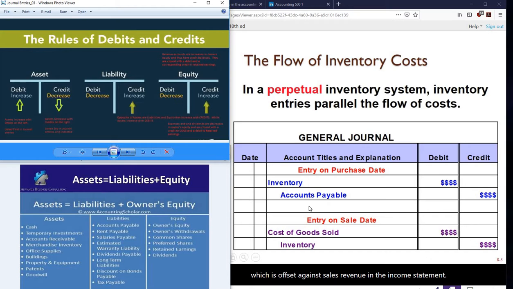Now let's go to this example. In the video that the professor put up, there was a purchase of inventory. So inventory falls under here, merchandise inventory, and that is a debit. Okay, so you're going to ask, if I purchased inventory, why the hell is that a debit?